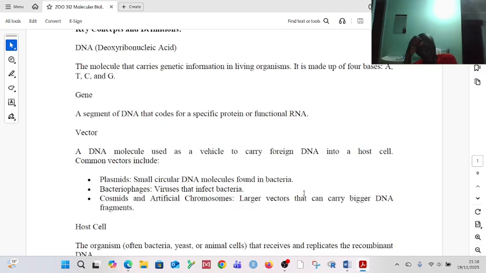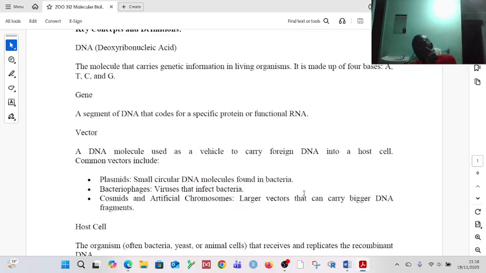The other term in this case is the term vector. This is what you use like a vehicle to carry the foreign DNA into the host cell. So what you use to transfer your DNA of interest from the donor cell into the host cell, that is the vector. Common examples of vectors include plasmids.